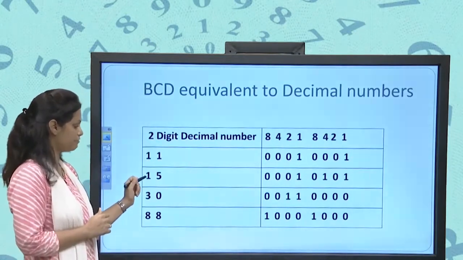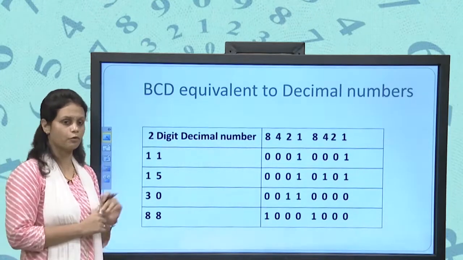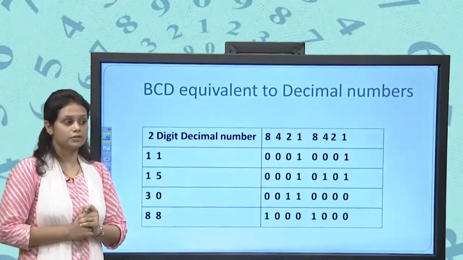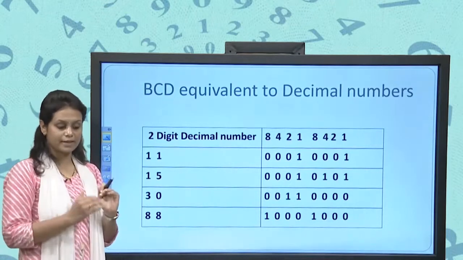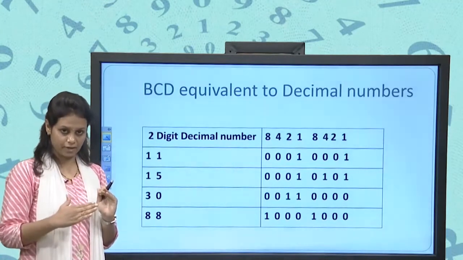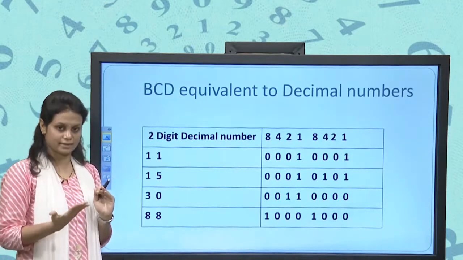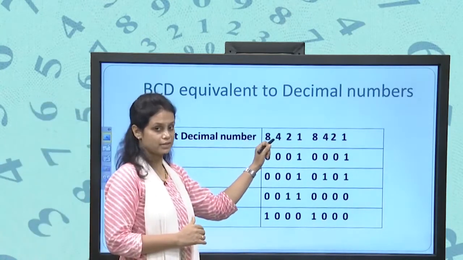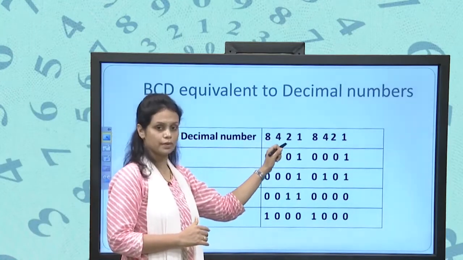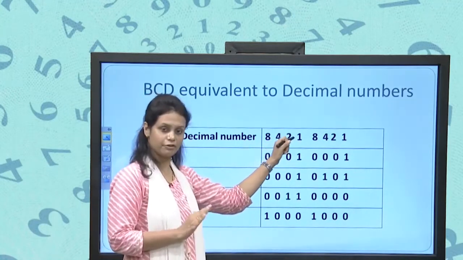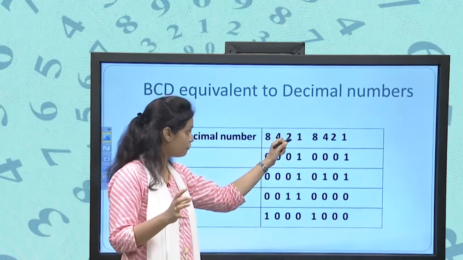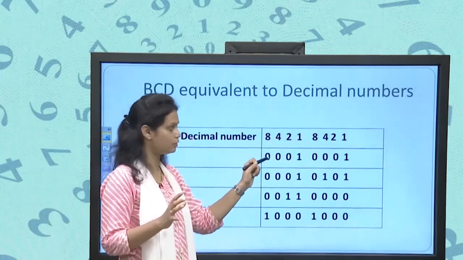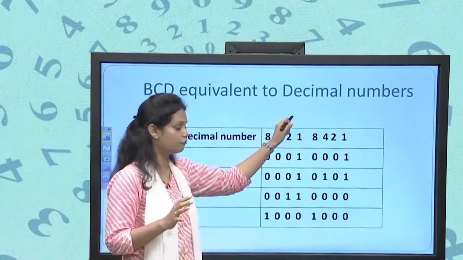Suppose we want to display 15. Now see, 15 is the decimal number and suppose we want to display 15 in the binary system, okay. What will we do? 8 plus 4 is 12, 12 plus 2 is 14 and 14 plus 1 is 15. So we will turn all 4 bits on, that means we will write 1 1 1 1.